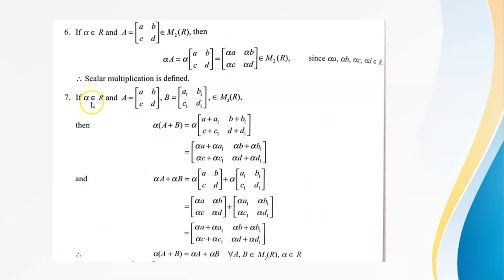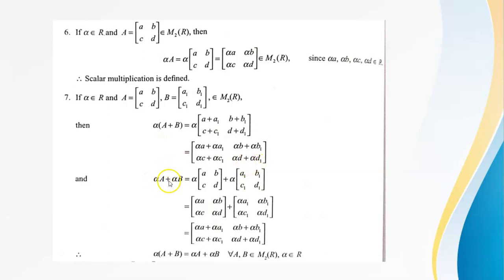Next, we take a scalar alpha belongs to R and A equal to [a, b; c, d] and B equal to [a1, b1; c1, d1], which belong to M2(R). Now we take alpha into (A plus B) equal to alpha into [a plus a1, b plus b1; c plus c1, d plus d1]. Then we are multiplying by the scalar. Then we get [alpha a plus alpha a1, alpha b plus alpha b1; alpha c plus alpha c1, alpha d plus alpha d1].